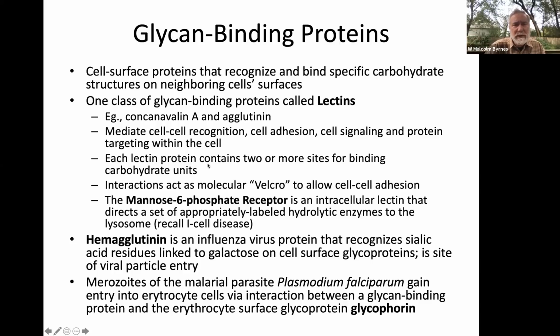So each lectin protein contains 2 or more sites for binding carbohydrate units. The interactions act as a molecular Velcro. And I'm here talking about lectins on the outside surfaces of cells.